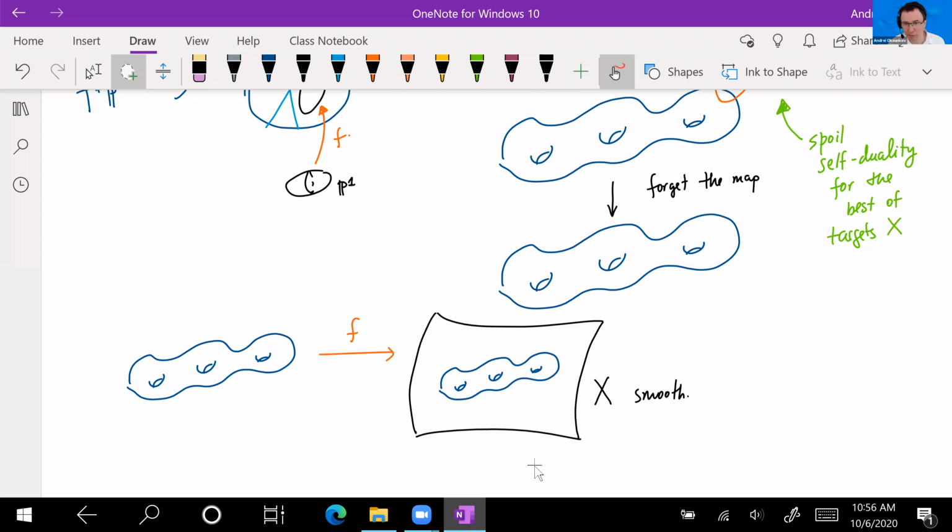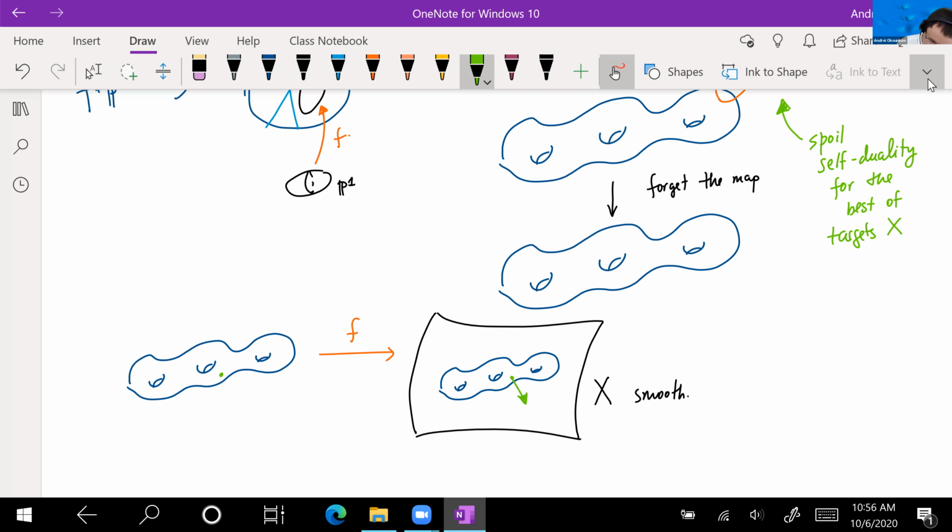And I'm not moving the domain right now, I'm just moving the map. If I want to move the map, then for every point here, maybe I have a point and there's an image in X, I have to tell it where it goes.